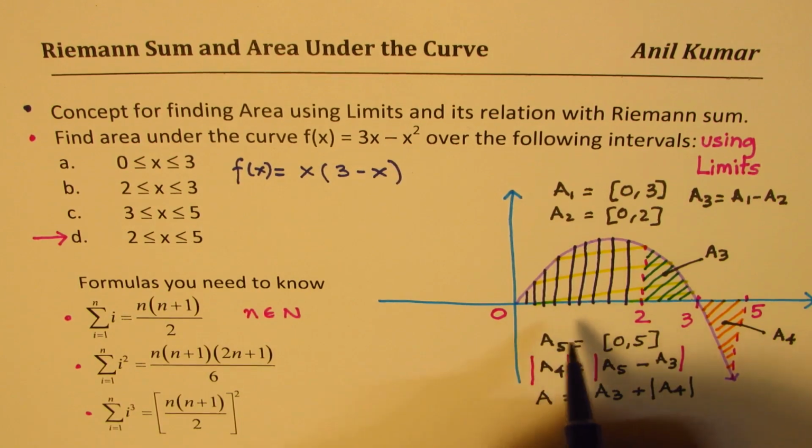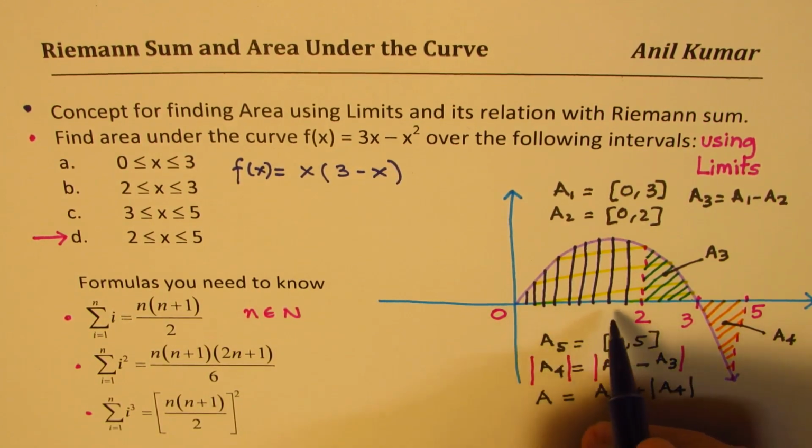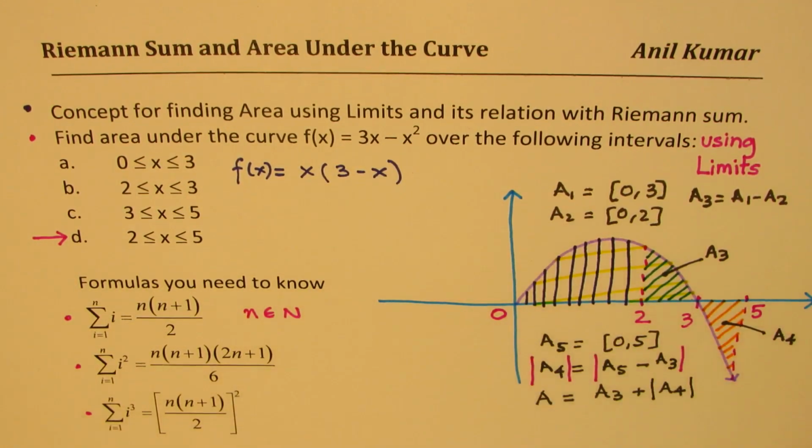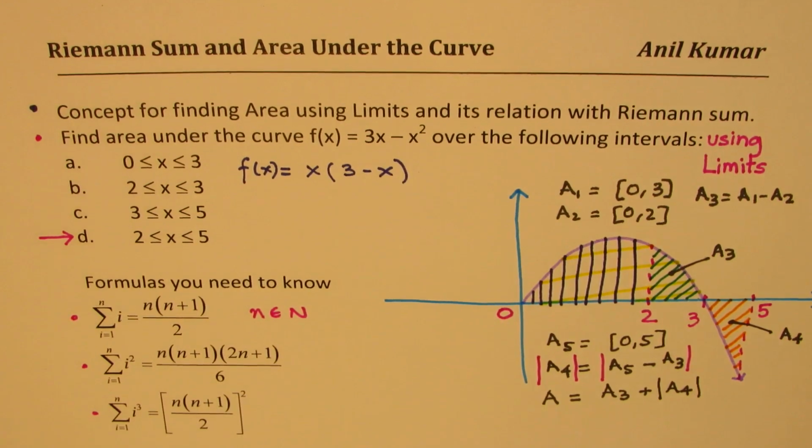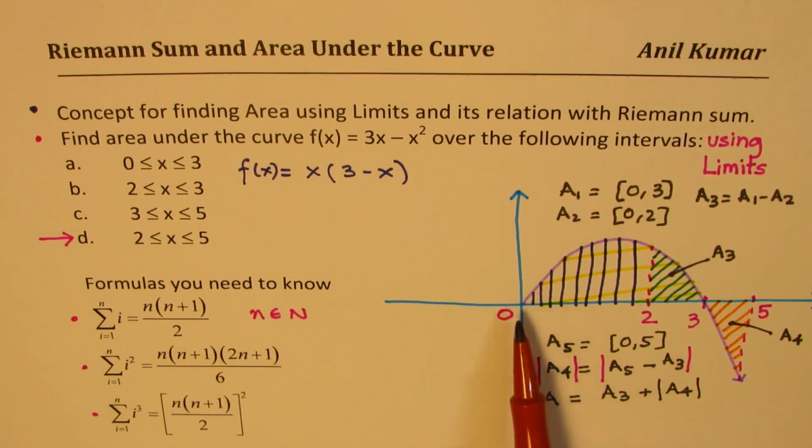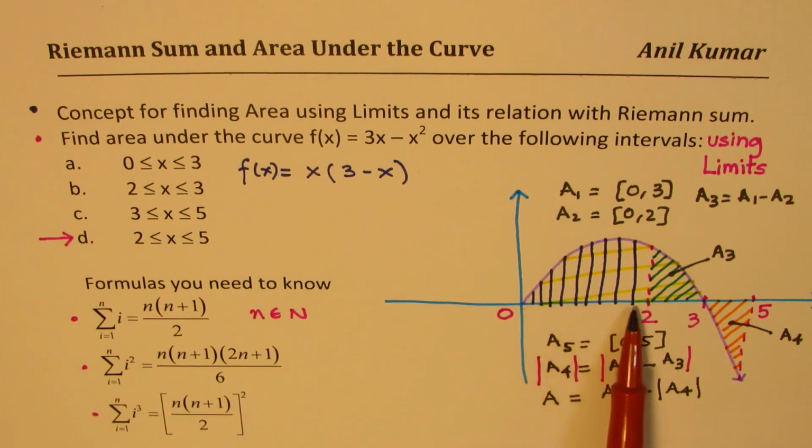We are saying that these portions are n in number. So, let's get to the concept. The concept is like this. The interval is divided into n equally spaced intervals.